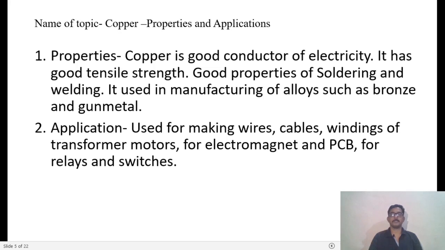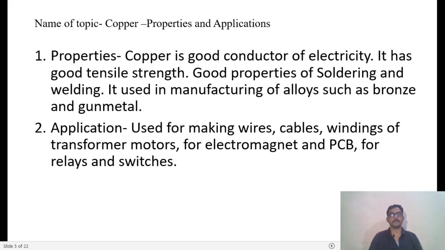Copper is a good conductor of electricity. It has good tensile strength and it can be soldered and welded easily. It can be used for manufacturing alloys such as bronze and gunmetal. In early days, for installation of the transmission line to transfer power from one place to another, copper was used as a bare conductor.